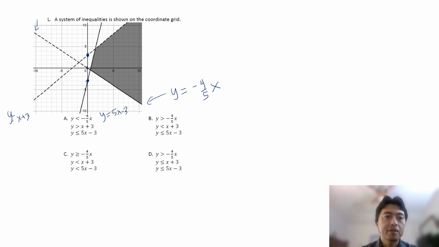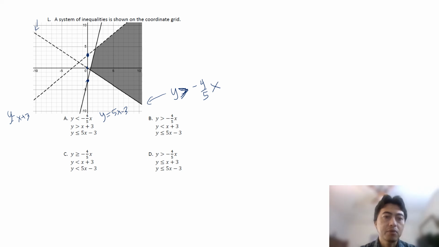And knowing from the graph, negative 4/5 x has a dashed line. Therefore, it's either less than or greater than. Since the shaded part is above that line, we can say that this is greater than.